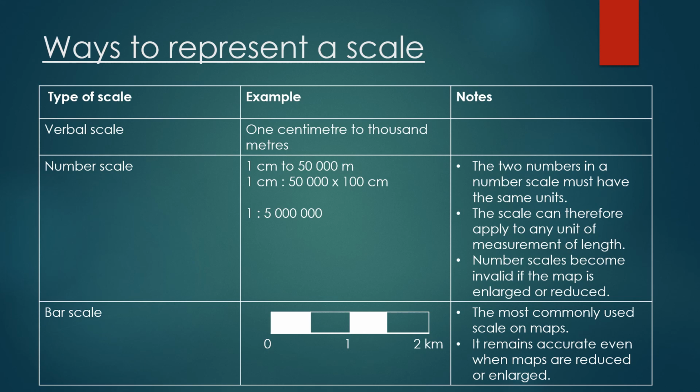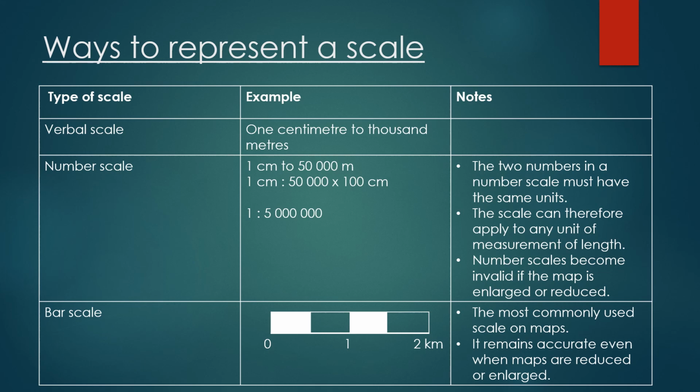In the number scale, when we represent a scale, it must have the same units. For example, 1 centimeter is to 50,000 meters.